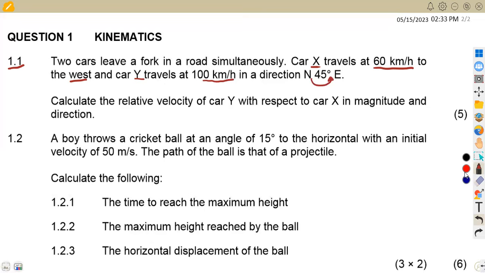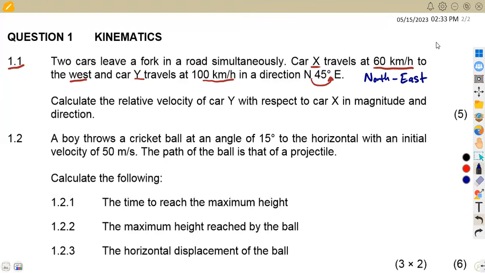What I want you to note is, if you check the November 2022 question paper, you were given a certain direction written as, let's say, 100 kilometers in direction northeast. They can write it like this. This presentation is one and the same thing as north 45 degrees to the east.